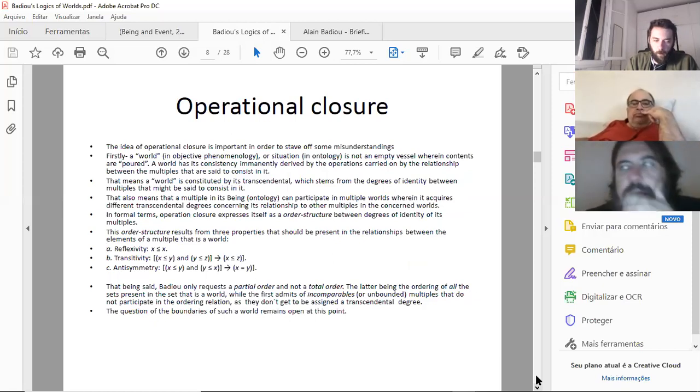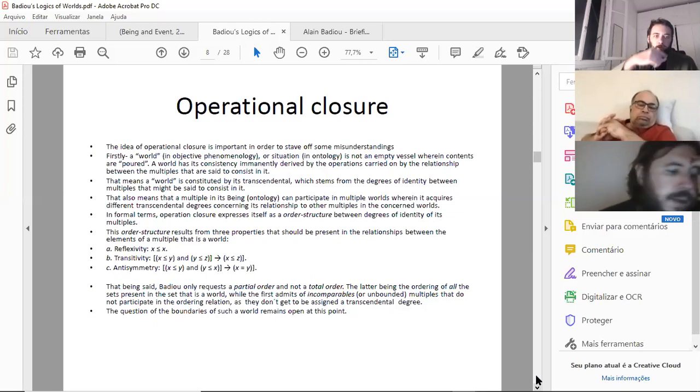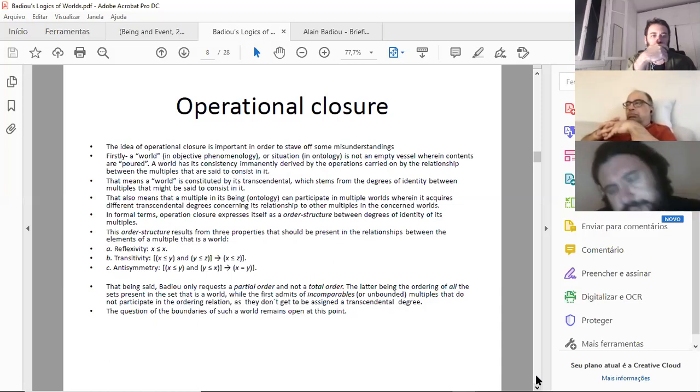Yeah, partial. An order structure, he says, and then he adds the proviso that it is a partial order structure because there are multiples that are unrelated to other multiples given a certain scale, a certain degree of intensity. Like in his example, if you remember correctly, there's the house, the summer, the autumn landscape, right? Something like this. And then there's the motorcycle noise.